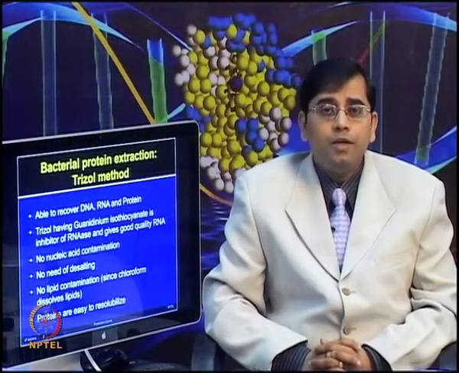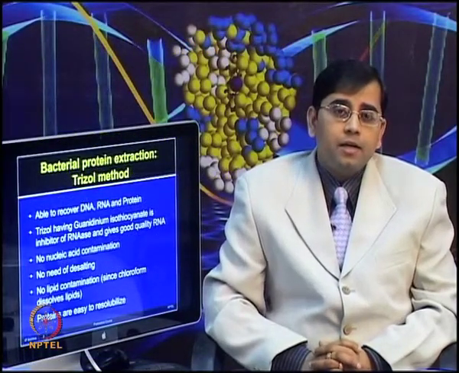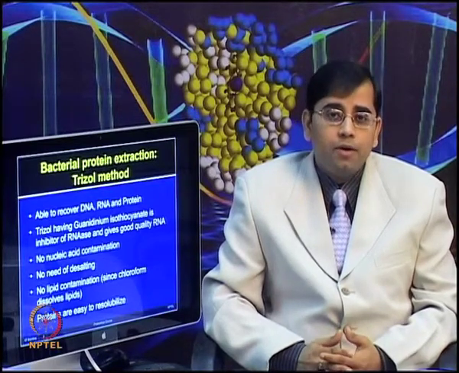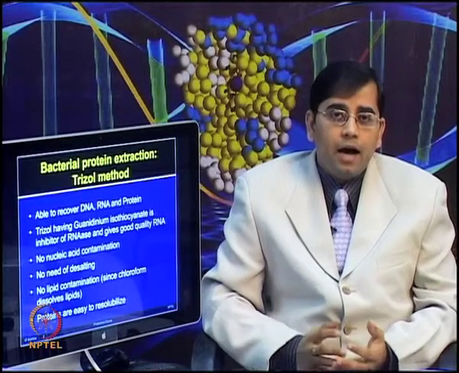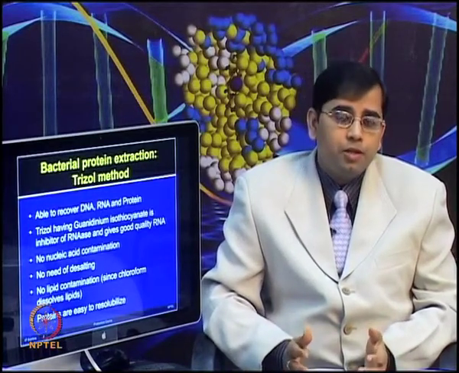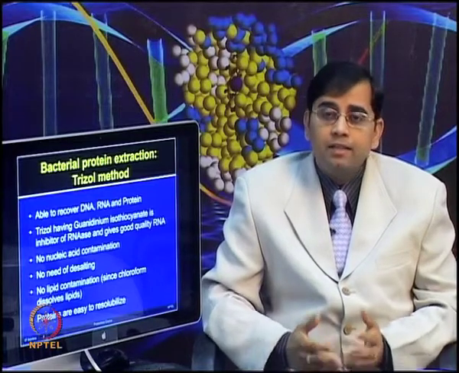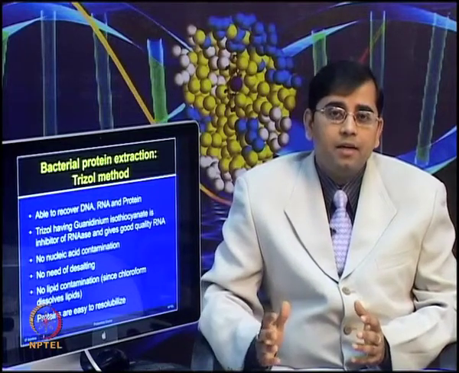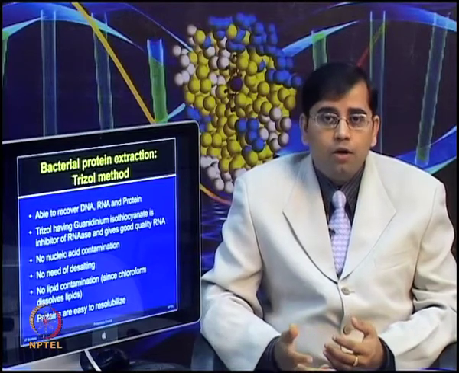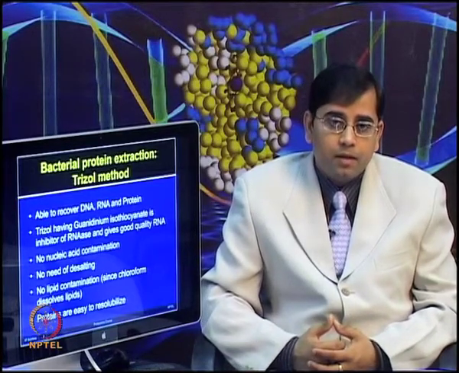Why do we want to elaborate on the Trizol method? Because this method provides an opportunity for recovering DNA, RNA and protein, all three major biomolecules, from the same sample. In the sequential extraction method, one can obtain DNA, RNA and protein all by using this method.